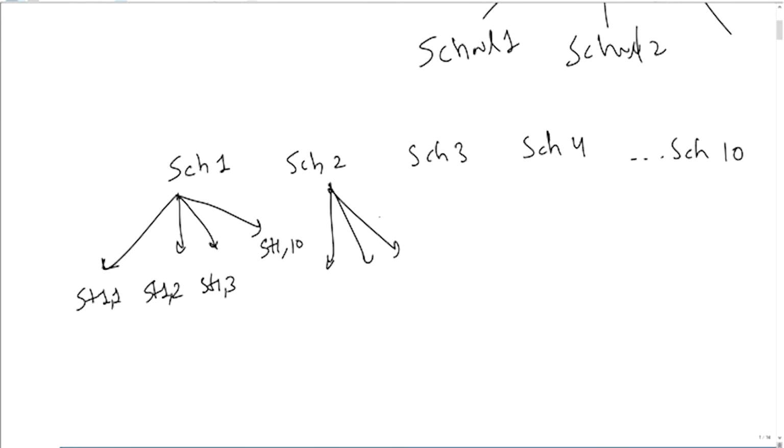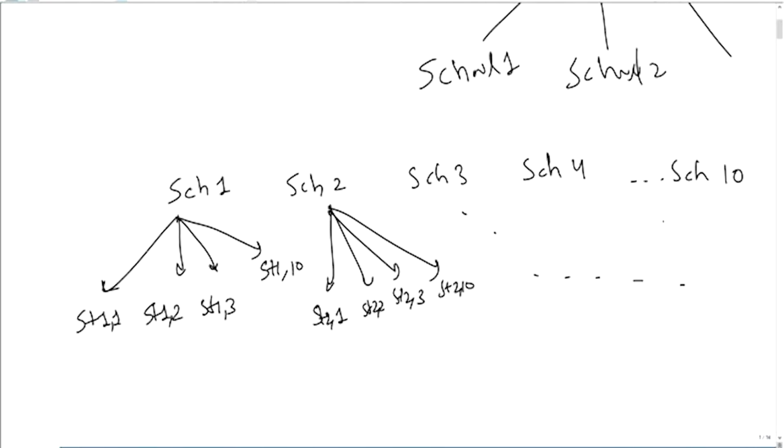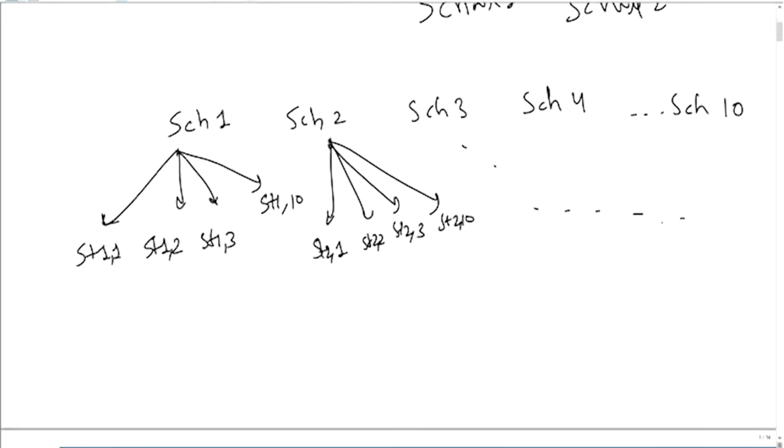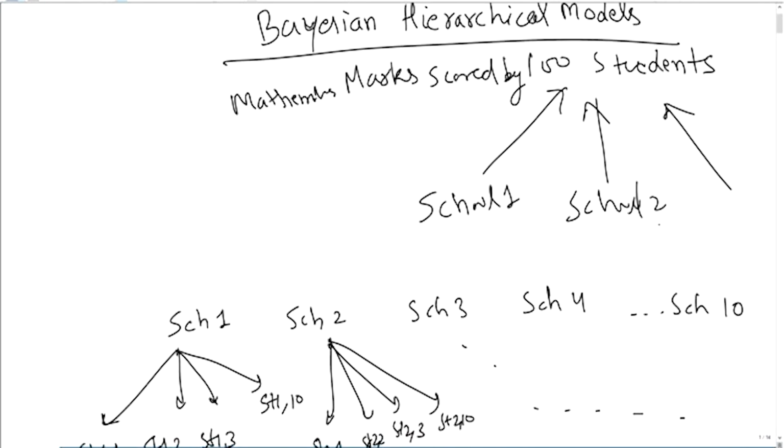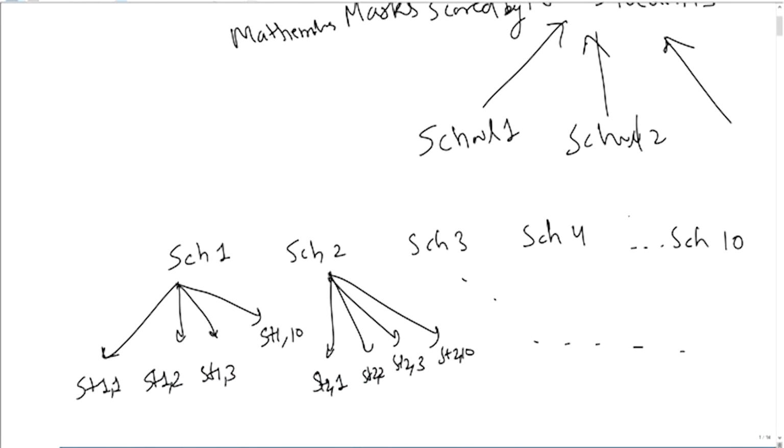Similarly, you have 10 students from school 2: student 2 1, student 2 2, student 2 3, up to student 2 10, and so on. So we have 10 students from each school, and what we are recording is their marks in mathematics, scored by each student.